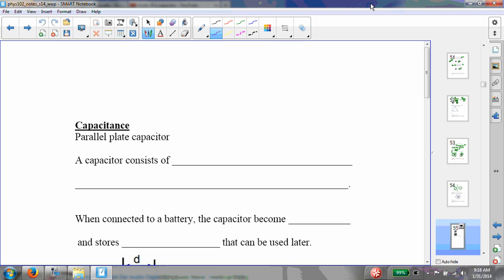So first of all, the type of capacitor that we'll deal with is a parallel plate capacitor. It's the most common type of capacitor.